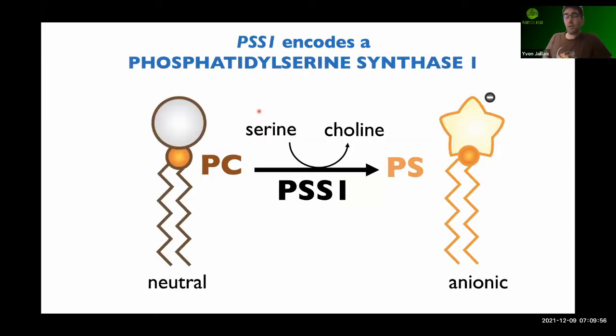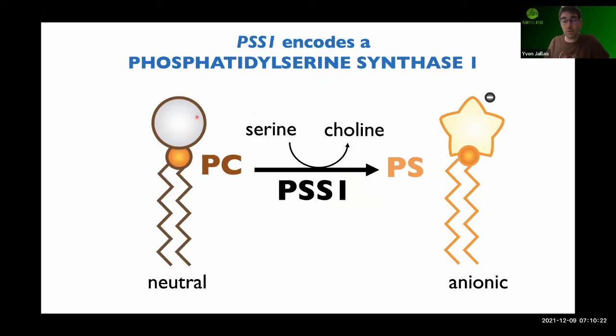So to tackle this question, we took a genetic approach and we analyzed, in particular, one enzyme that's called phosphatidylserine synthase 1, or PSS1. This enzyme is the only enzyme present in the Arabidopsis genome supposed to make PS, and it's making PS by exchanging the head group of phosphatidylcholine, so exchanging the choline head group with the serine to make a phosphatidylserine.